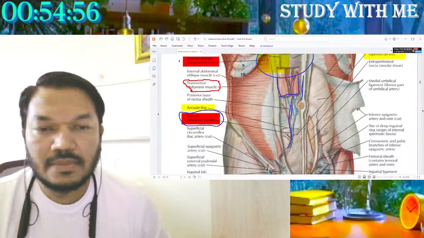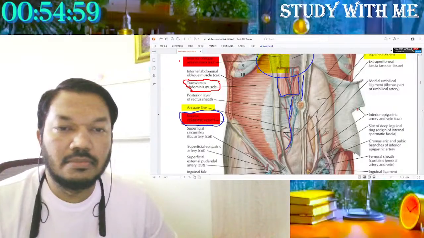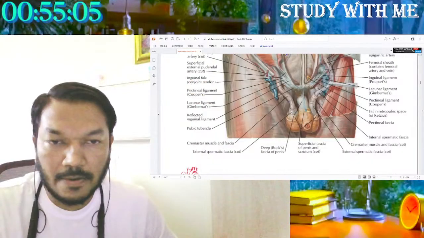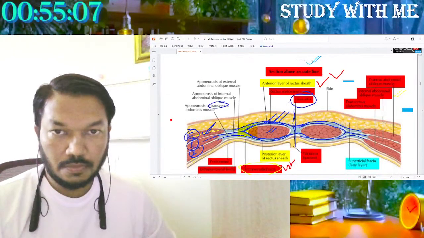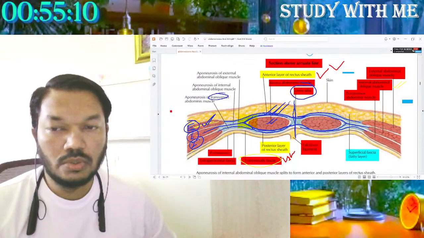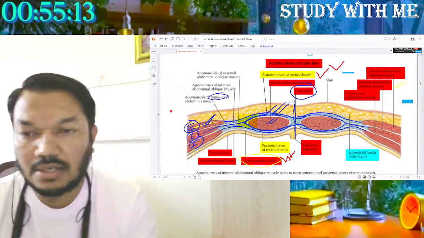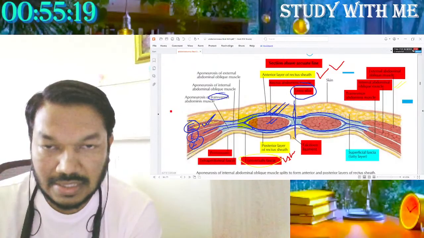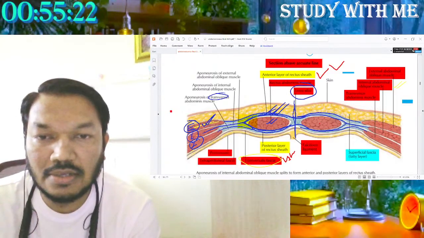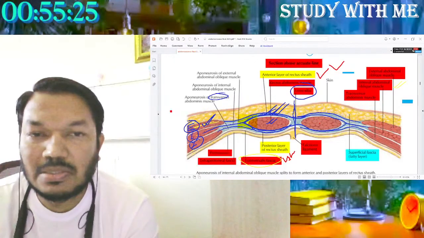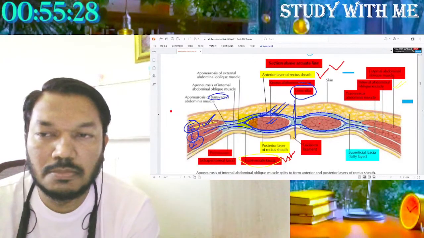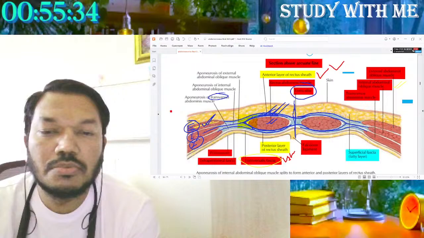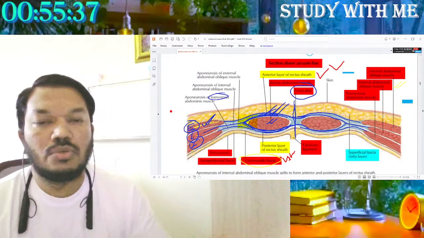Okay, up to the arcuate line, all three muscles, external oblique, internal oblique, and transversus abdominis, form the rectus sheath. How? External oblique remains anteriorly, internal oblique splits into two, half part goes anteriorly, half part goes posteriorly, and transversus abdominis comes posteriorly to cover the rectus.